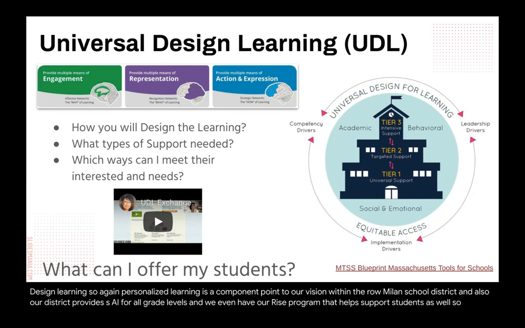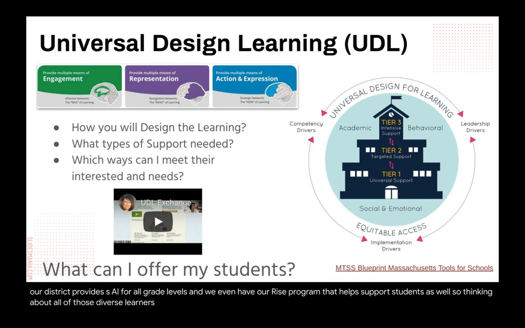So thinking about all of those diverse learners, we need to continue to support all those learners and really have the foundation of an MTSS system, a multi-tiered system of support.